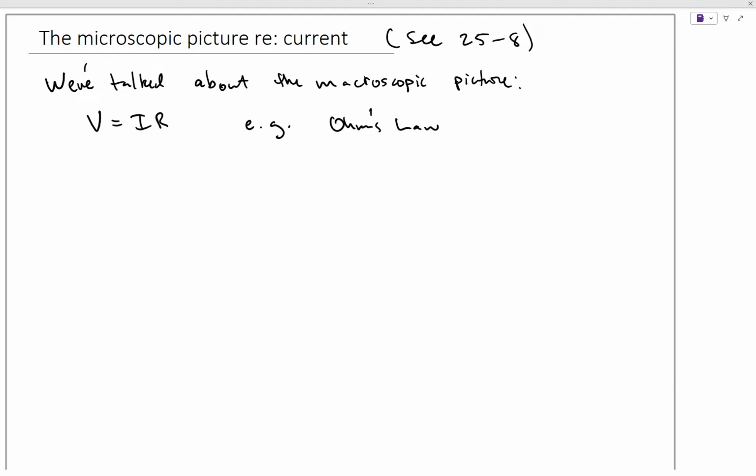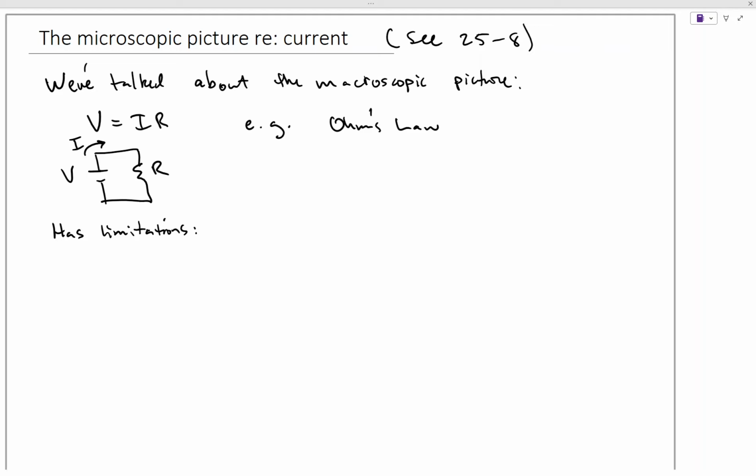This is our cartoon system of a single resistor, with voltage and current going around like this. This is the familiar way that you've encountered this topic so far, but this picture has some limitations.